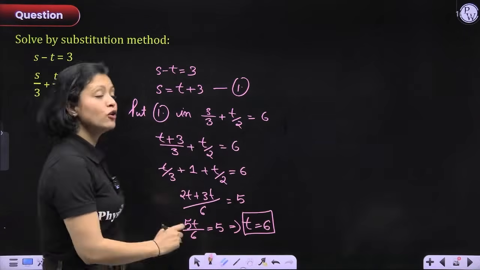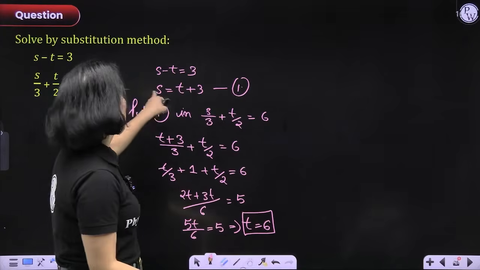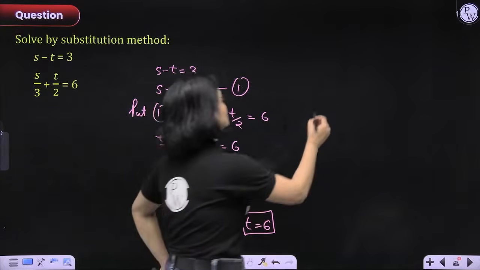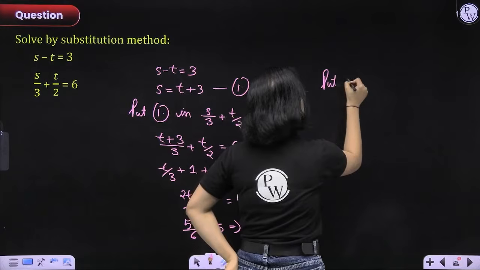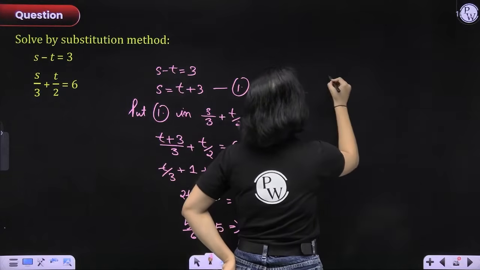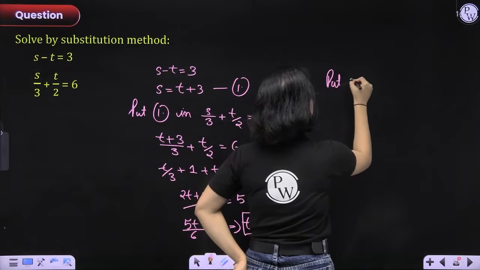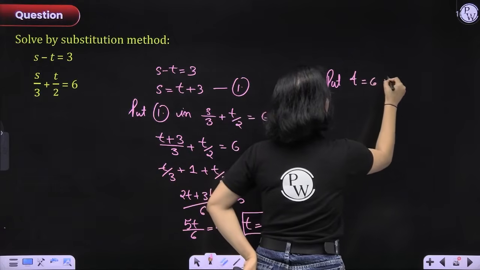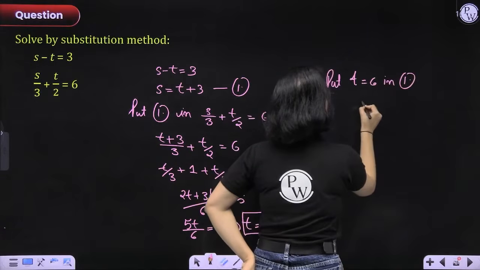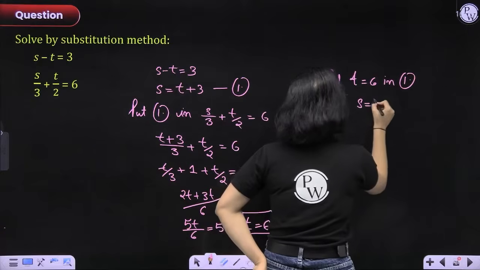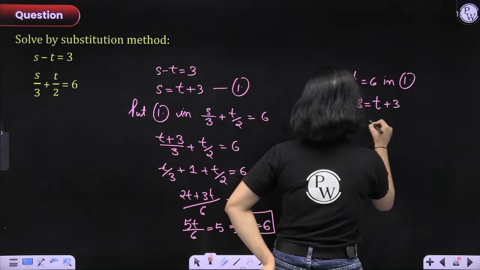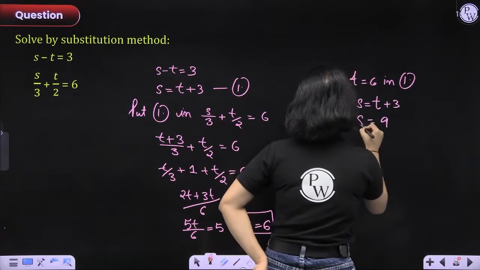Now, to figure out the value of s, what will you do? You will just use this. So you will write here, put t is equal to 6 in 1. From there, you get s is equal to t plus 3, that is 6 plus 3, that is 9. So what's the solution?